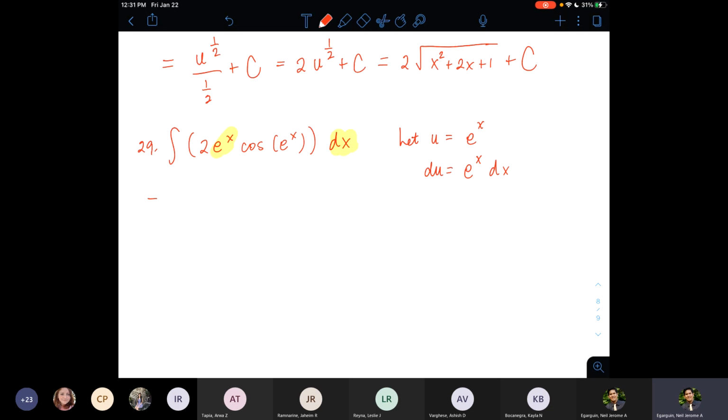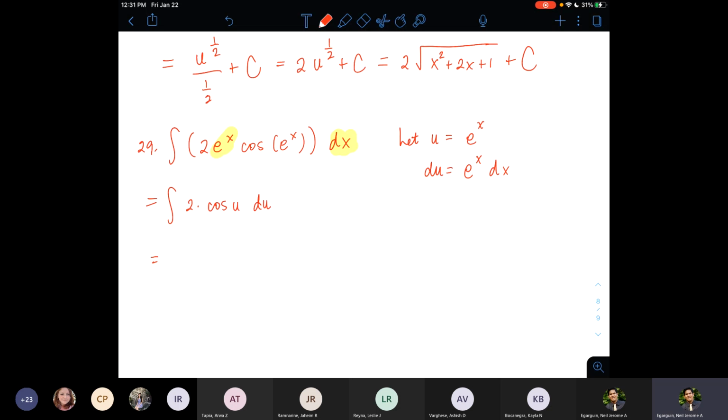I have the du, and I'm hoping that everything will be beautifully transformed into an integral involving only the function u. So the highlighted factors would be replaced by du. I have a 2 remaining and a cosine e to the x, but we agreed to call e to the x simply u. So this will just be cosine of u.